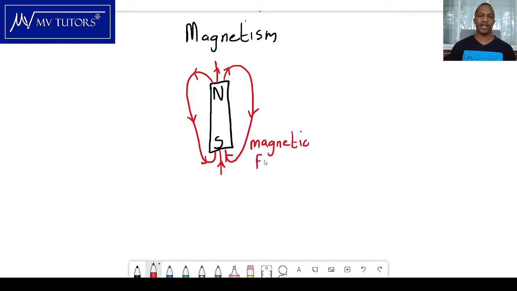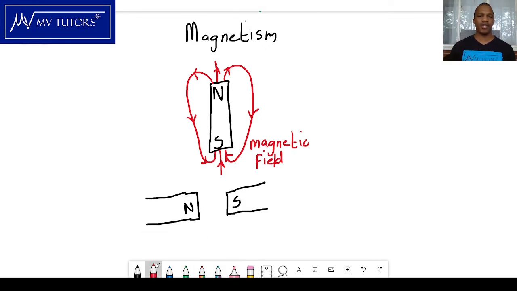Okay, magnetic field. So this means that if you have two magnets, with the north pole this side and a south pole that side, these are just two magnets, right? Let me make them a little bit longer.